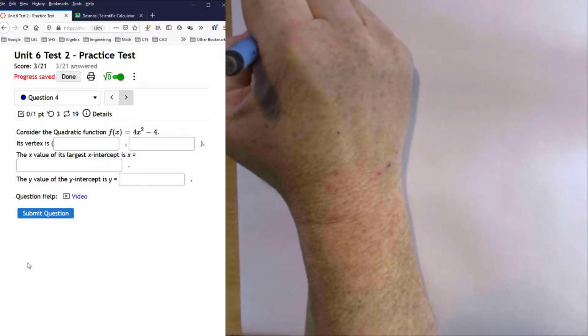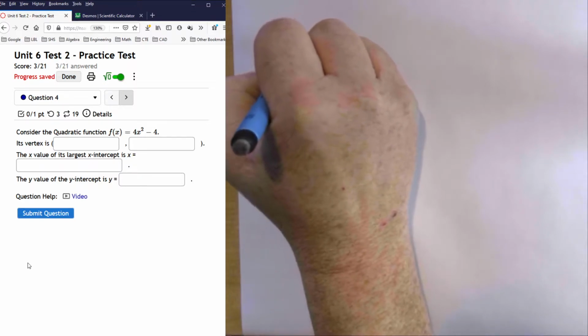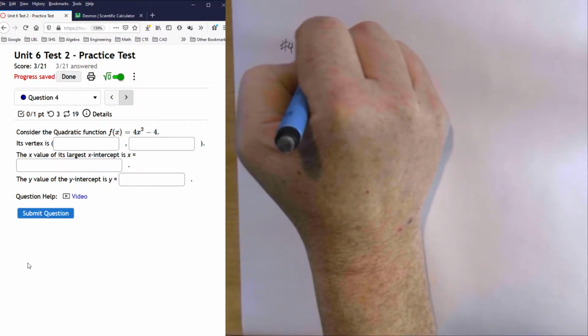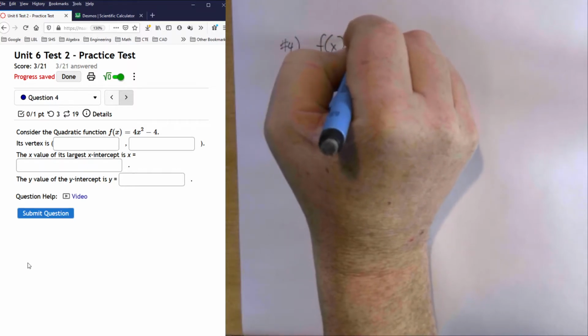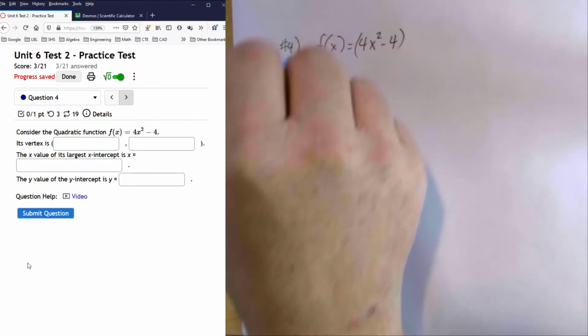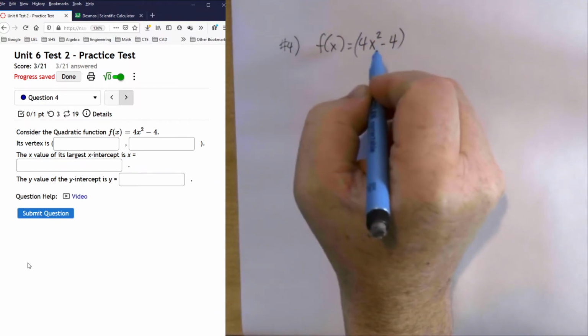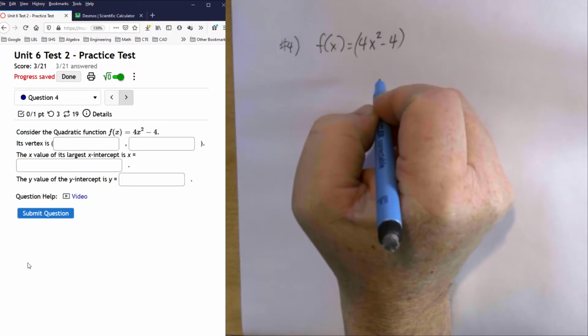Okay, moving on to question 4 here. Similar sort of a thing here. So here they give us the function is 4x squared minus 4, okay? And I can actually see that this is the difference of 2 squares, all right?